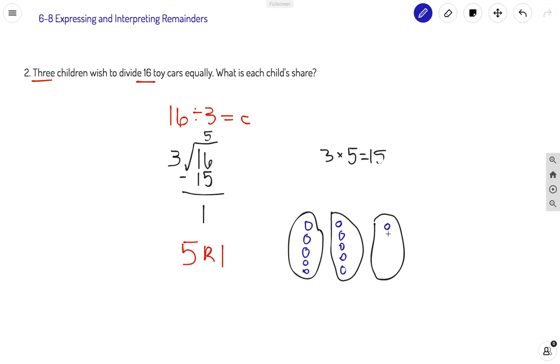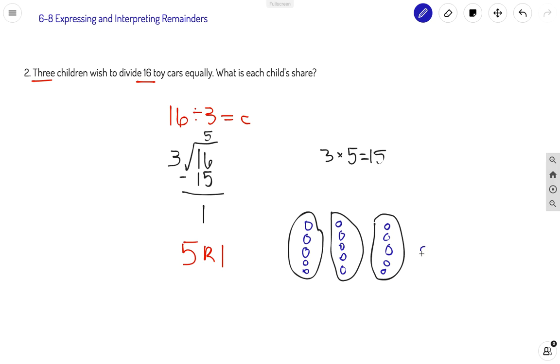And 1, 2, 3, 4, 5 cars. So I have 3 children, 1 child, 2 children, 3 children, and each child has 5 toy cars. So I know that this amount displayed right here is 15 toy cars. 5, 10, 15. But I have a total of 16 toy cars that I have to split up.